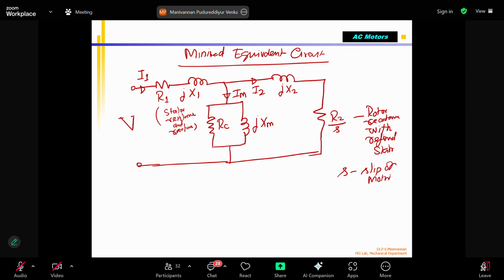Slip value goes from 1 to 0, that we already know. So here R1 is the stator resistance.